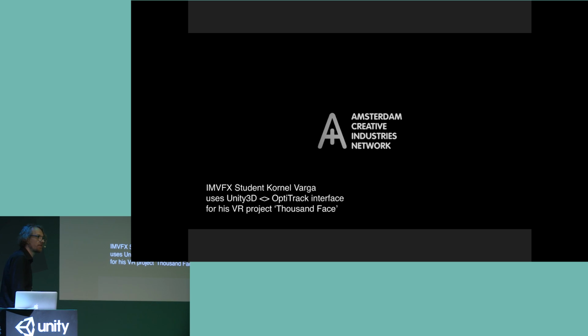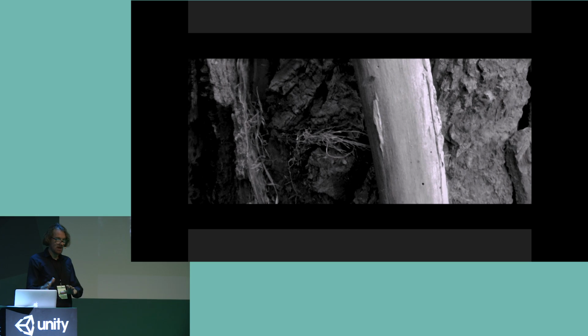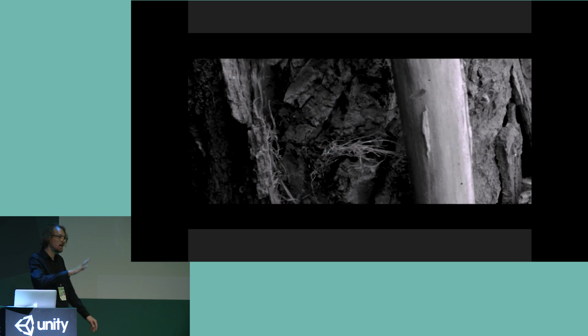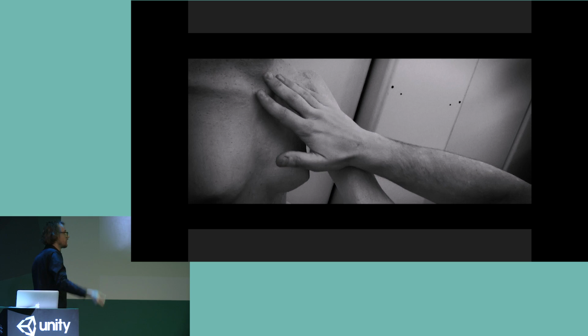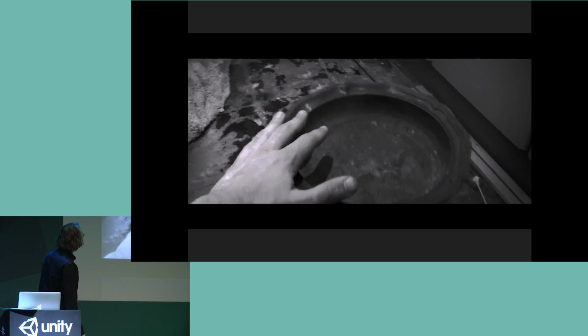So there was a bunch of objects in a science fiction environment that you could interact with, and so there was a rock, there was an altar, there was a statue, and if you put your hand there, you could feel the real thing while you saw it in virtual reality. So he developed that for a year and a half.